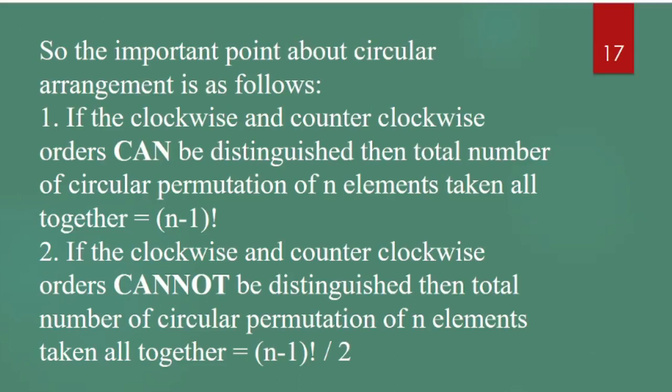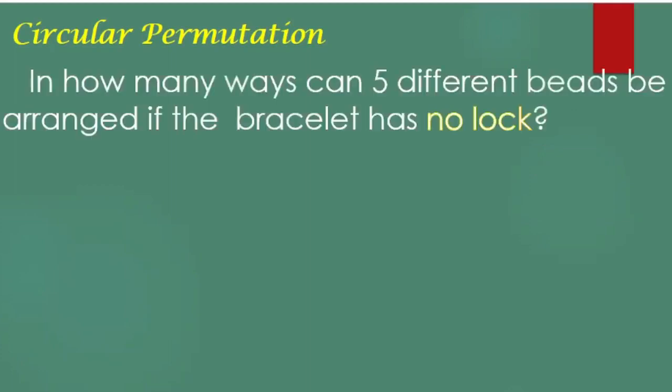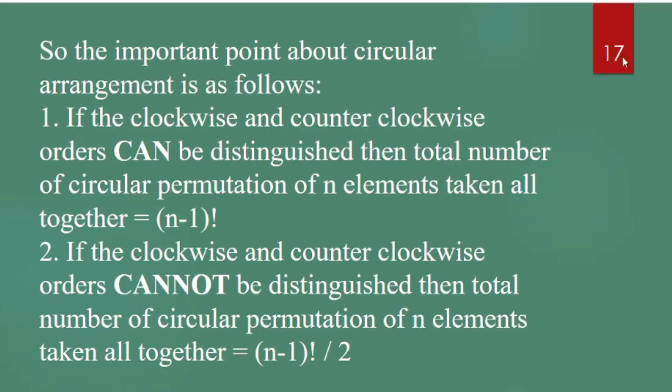So in order for us to visualize and understand these two conditions, let us take this given example. In example number 1, in how many ways can 5 different beads be arranged if the bracelet has no lock?